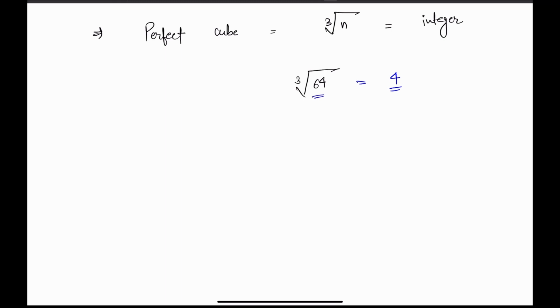So these numbers we already remember: 1, 8, 27, 64, 125, 216, 343, 512, 729, 1000, 1331, 1728, then I forgot 13 cube, 2744, something is missing here.